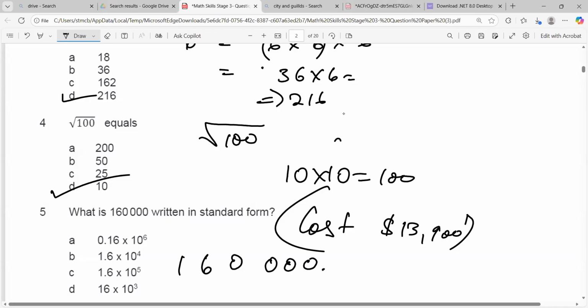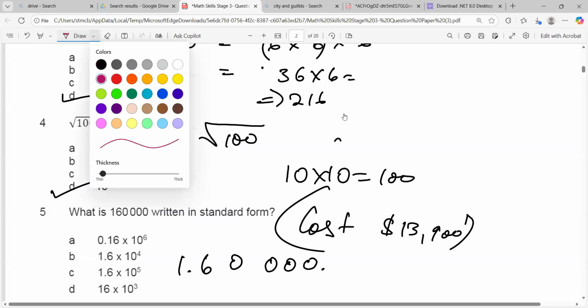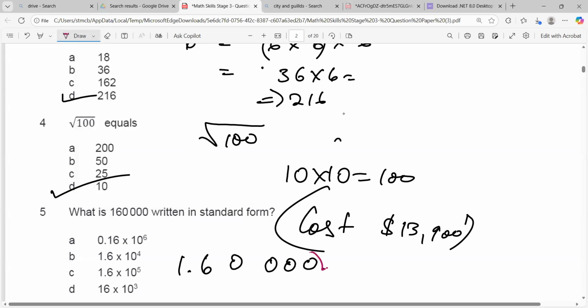So you put the decimal point here, and you're going to carry it right here. You just count the number of decimal places it takes to reach there: 1, 2, 3, 4, 5. So the answer would be 1.6 times 10 to the 5, the number of places we moved. It is positive because we're moving to the right. When we multiply 1.6 times 10 to the 5, we get back that product here. So that's C.